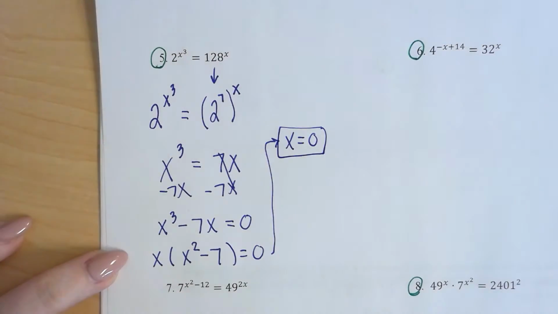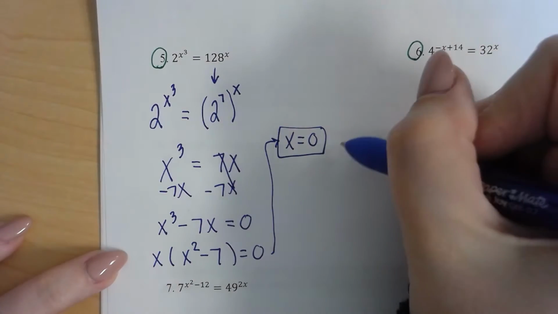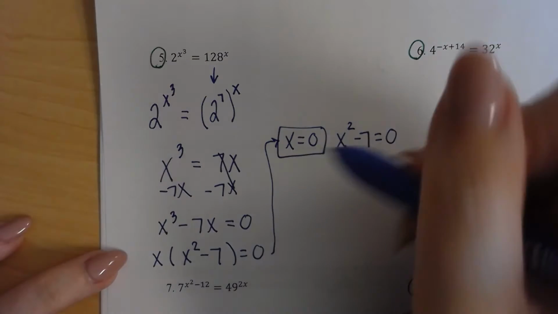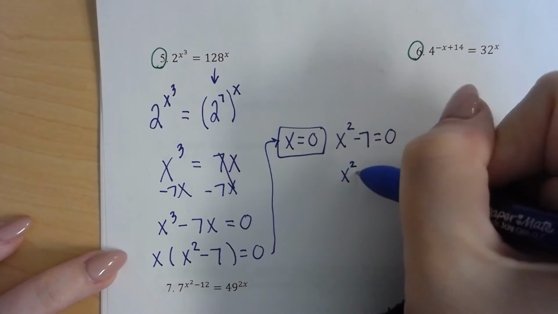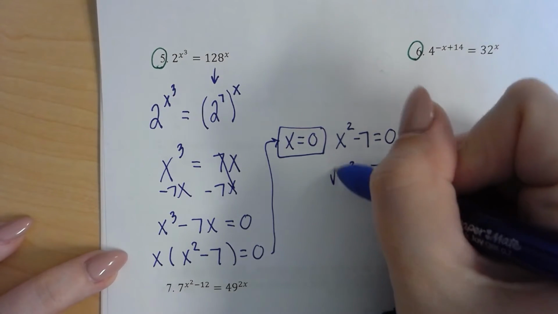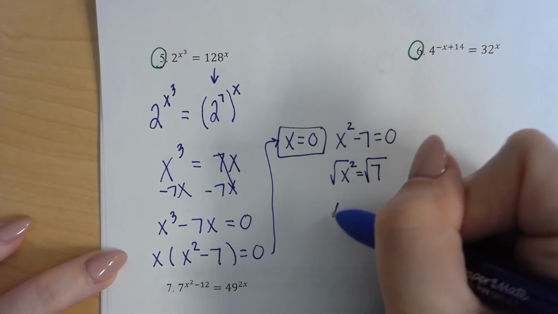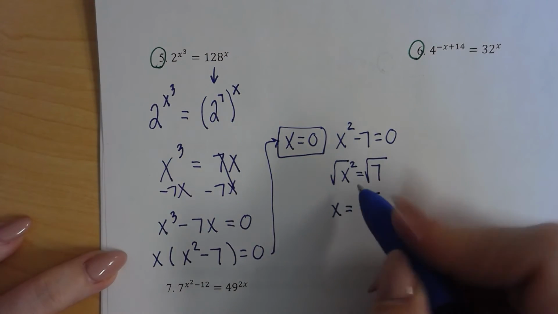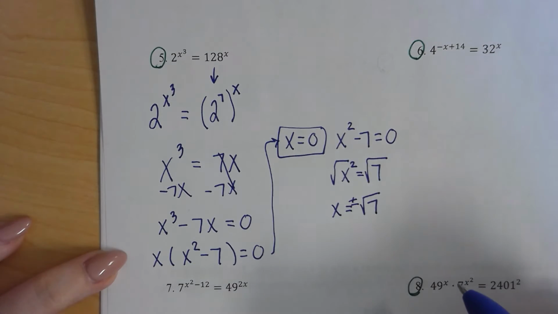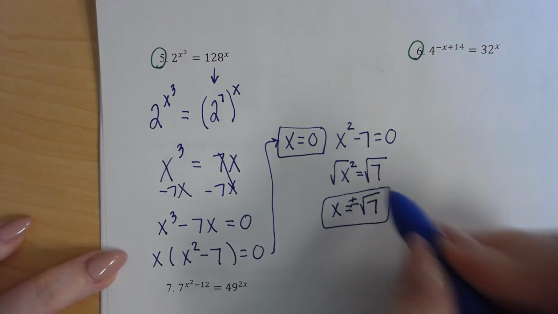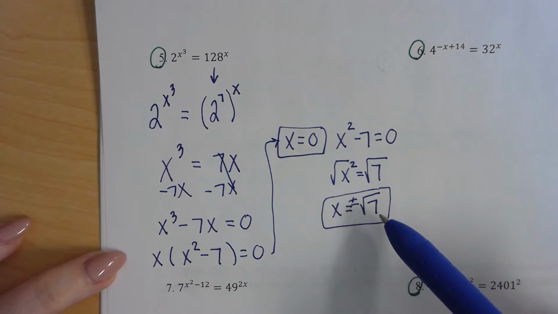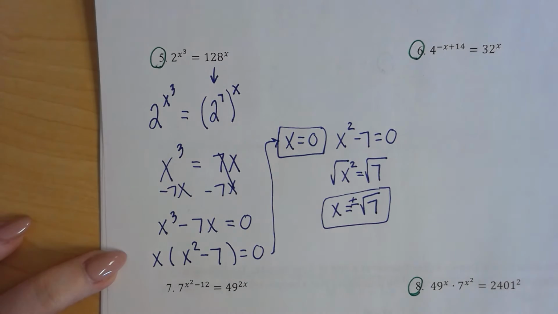Okay, so there's one of my answers. And then I would also say x squared minus 7 equals 0, and I would solve. So add the 7 over, square root each side, x equals the square root of 7. However, be careful whenever you take the square root, it's technically plus or minus. So it's plus or minus root 7. So our three answers are 0, negative root 7, and positive root 7.